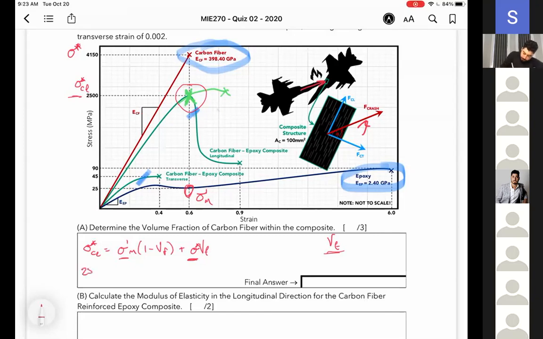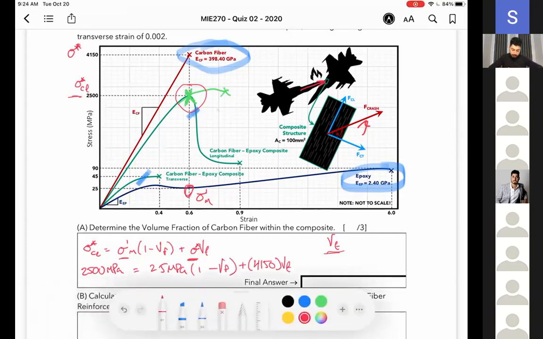So 2,500 megapascals is equal to 25 megapascals times (1 minus VF) plus 4,150 VF. Okay? Are we good up until there?